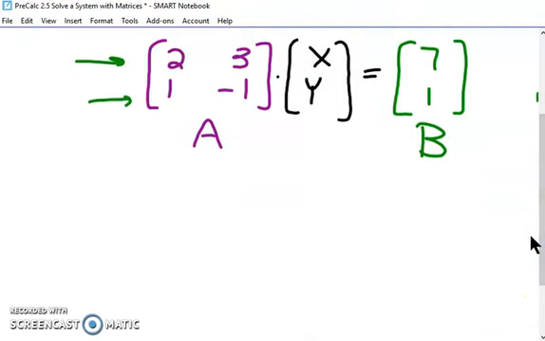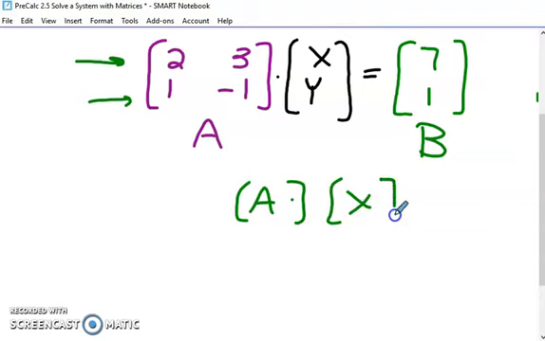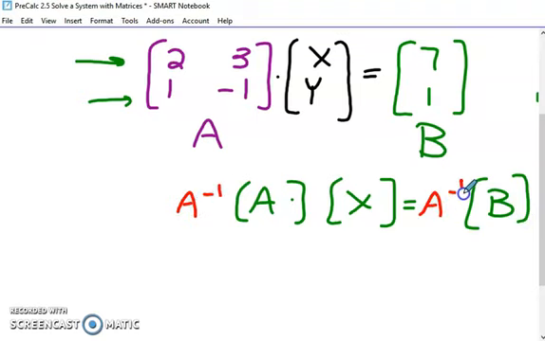Like I said before, we're going to multiply both sides by the inverse. If we have A, and then this matrix X, and B, technically what we're doing is multiplying by the inverse.